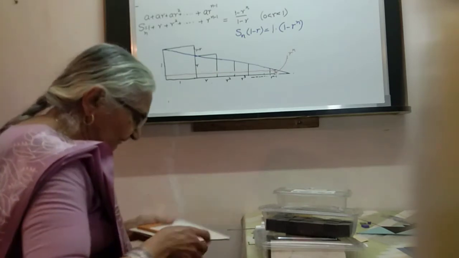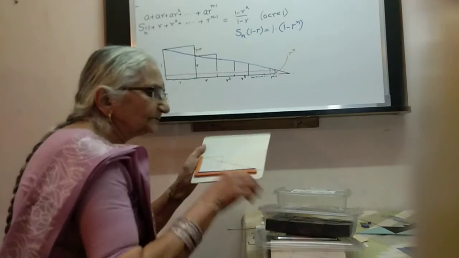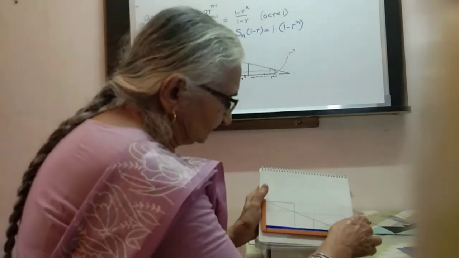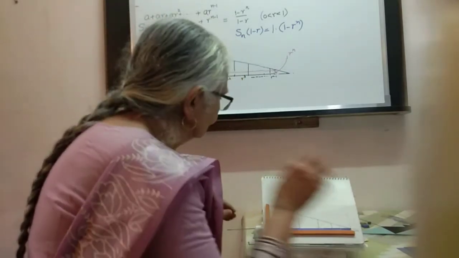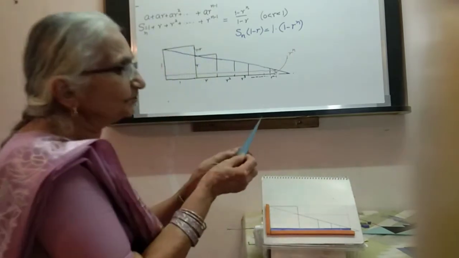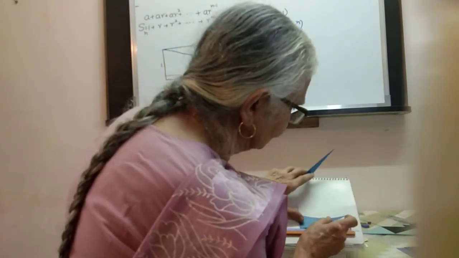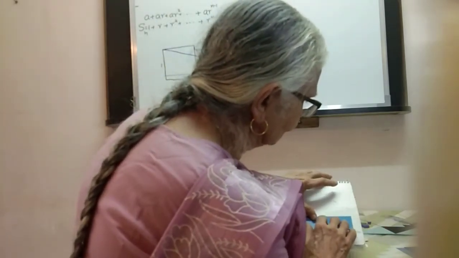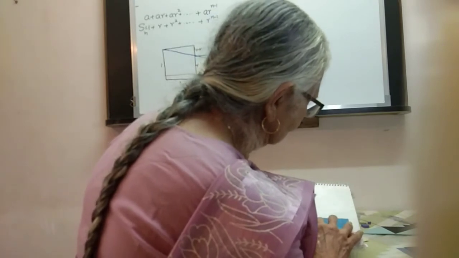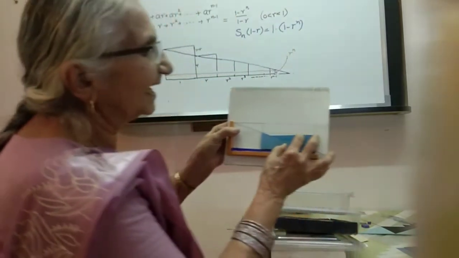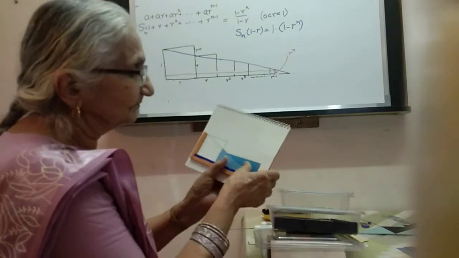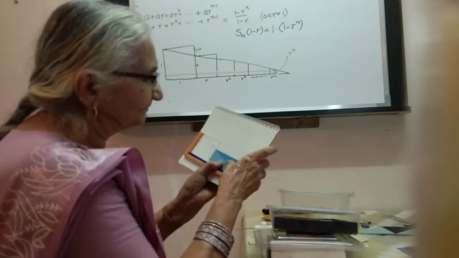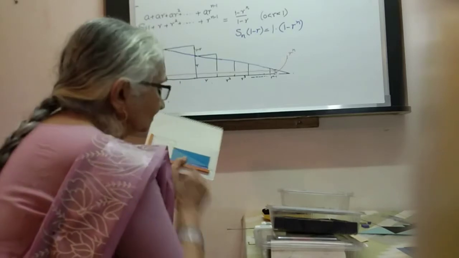Okay, now in these two equal parts, we have these two triangles which are equal. I'll show after I have fixed them. These two equal triangles I have fixed here. They are equal area. Similarly, these two are equal.